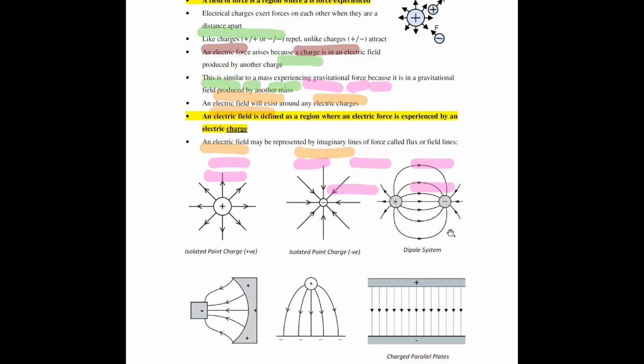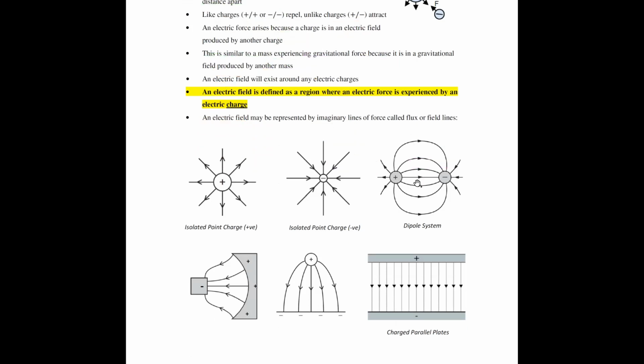So in the example below, you have some field lines and they are drawn differently depending on the system. If you have an isolated positive charge, your field lines tend to be radial like this. This one is for an isolated positive charge.